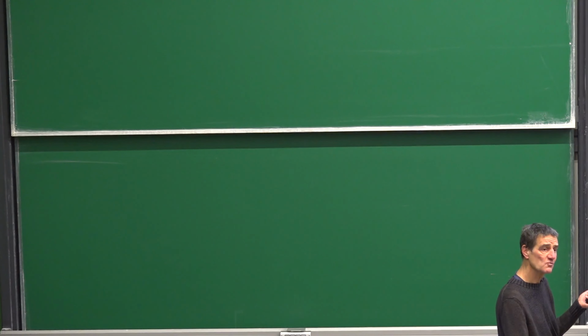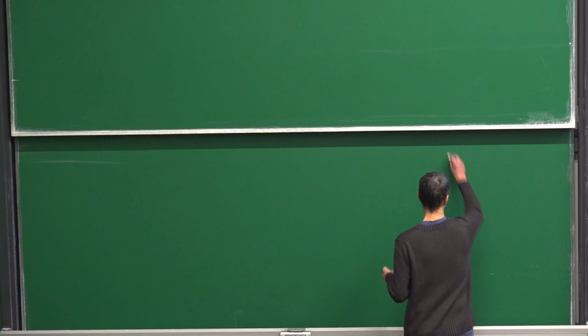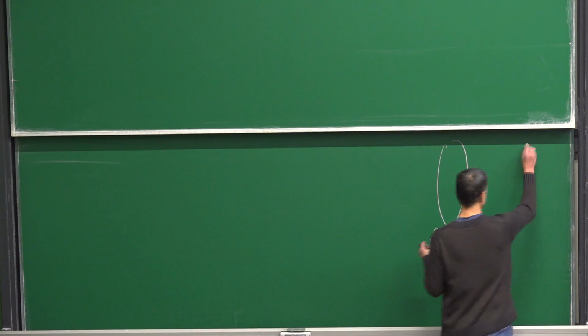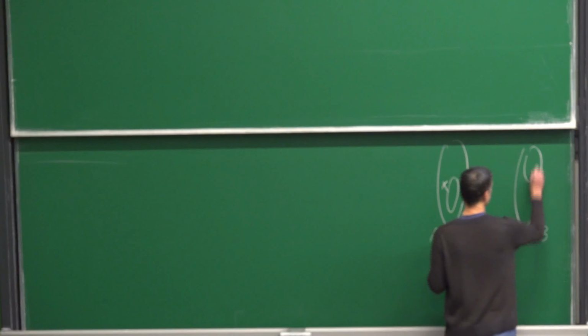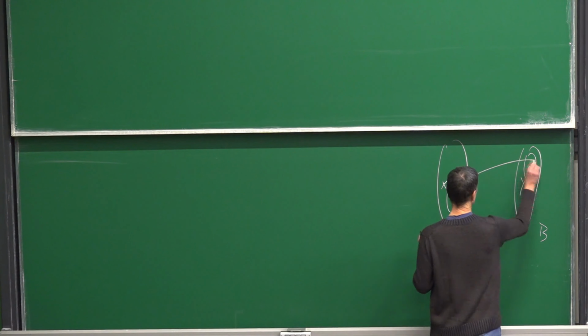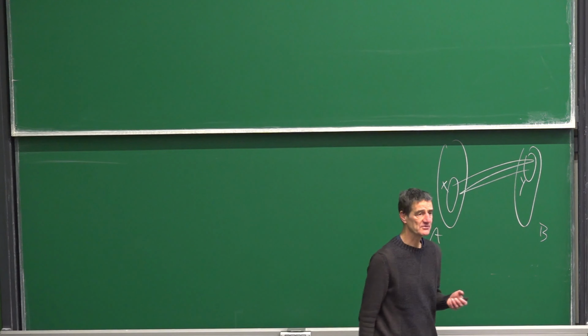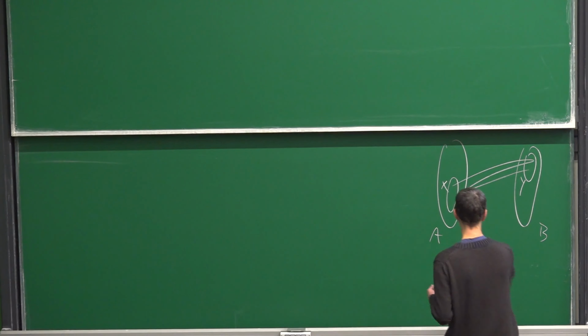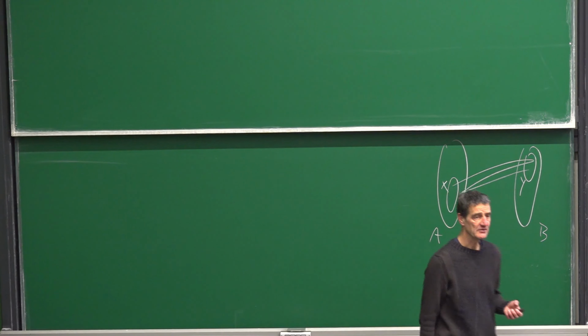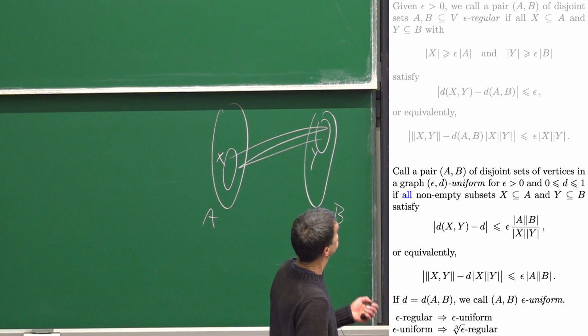There are two differences. One is that this requirement here, that the density of every subset X of A and Y of B has to be close to the overall density between A and B, where close is measured by epsilon.